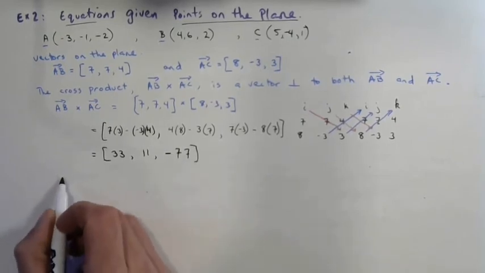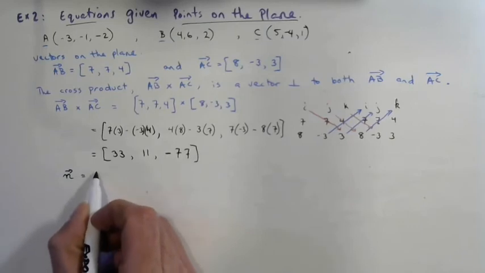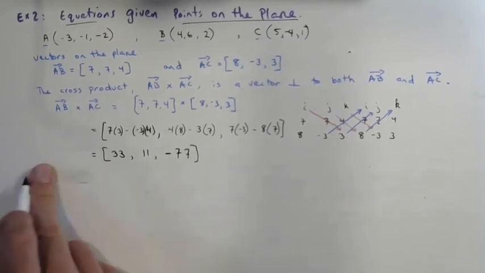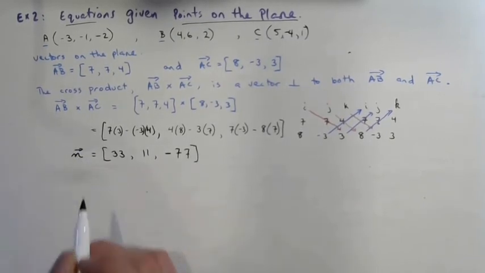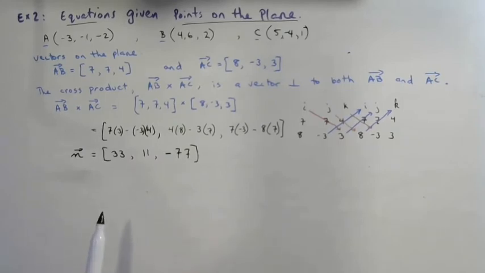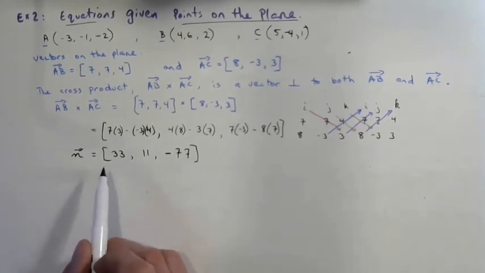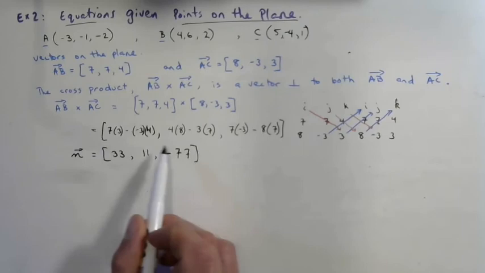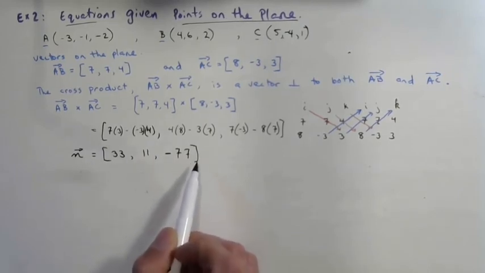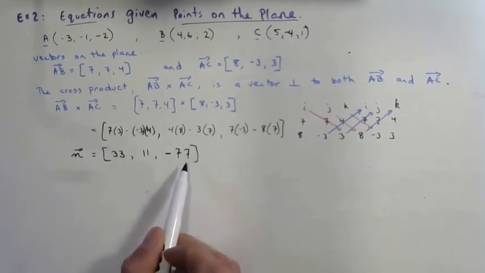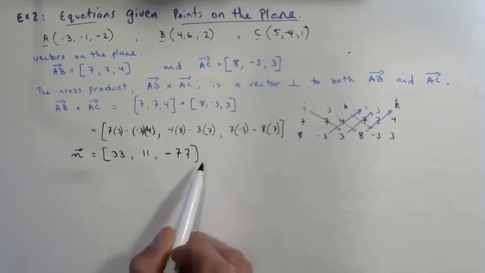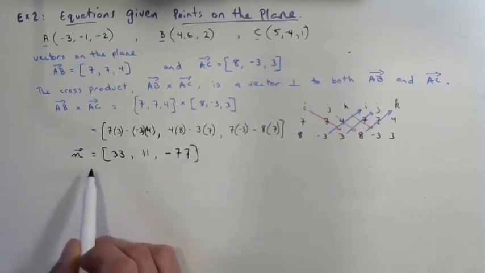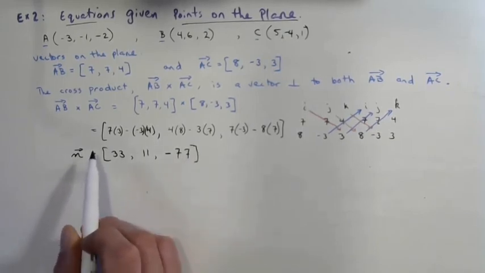Okay, so we have an n that equals, maybe I'll just write this here, n equals. Now, we also know that any scalar multiple of this vector will also serve us as a normal vector, because any scalar multiple of this vector is parallel to our normal, making it another vector that is normal to the plane.